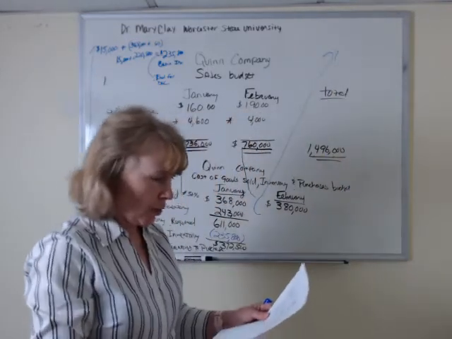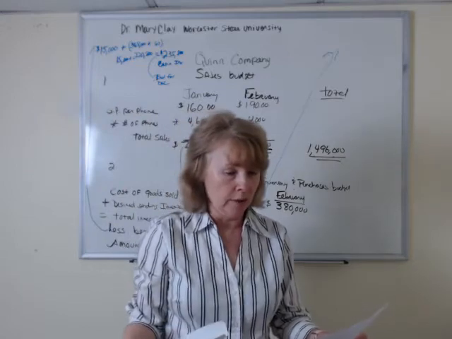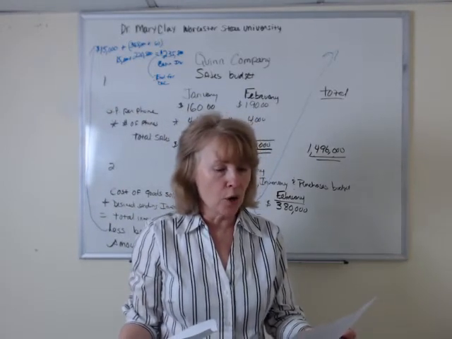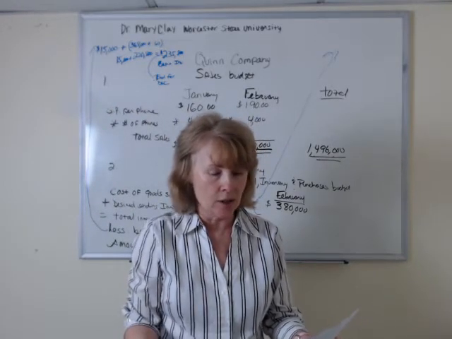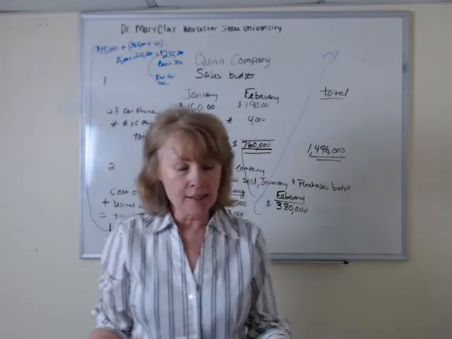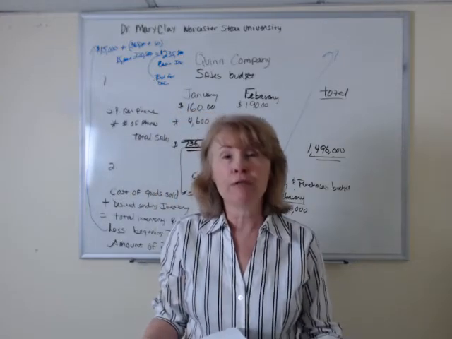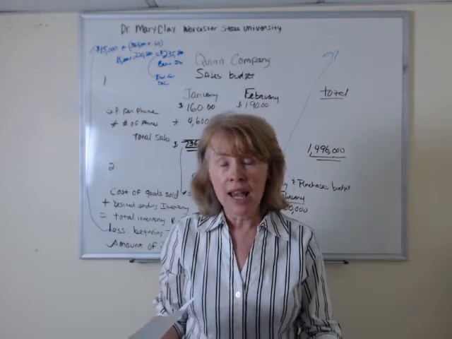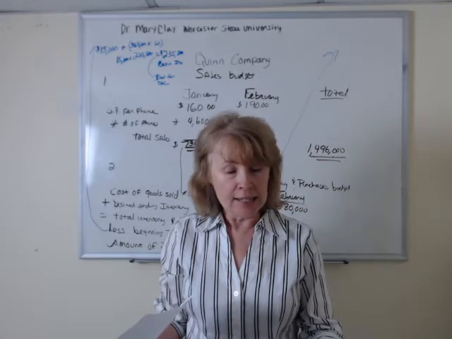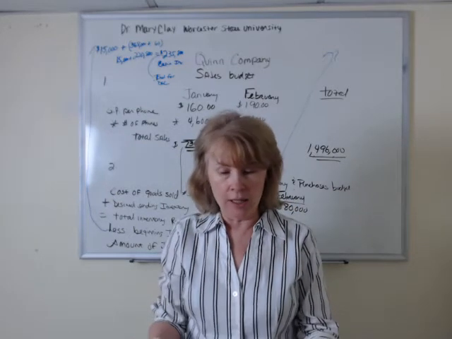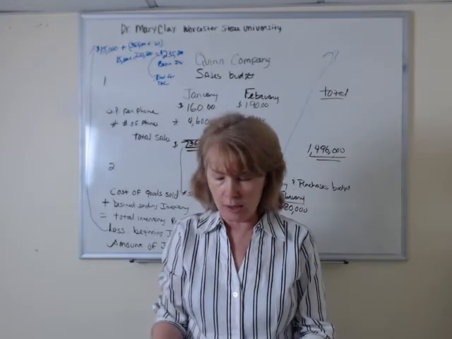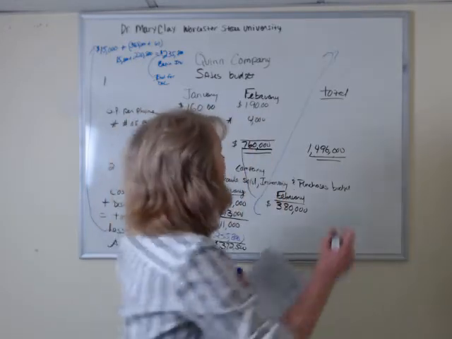This one we have to do a lot of work. The company gave us March sales, and they needed to because we have to figure out the cost of goods sold, and the desired ending inventory is always 60% of the next month's cost of goods sold.